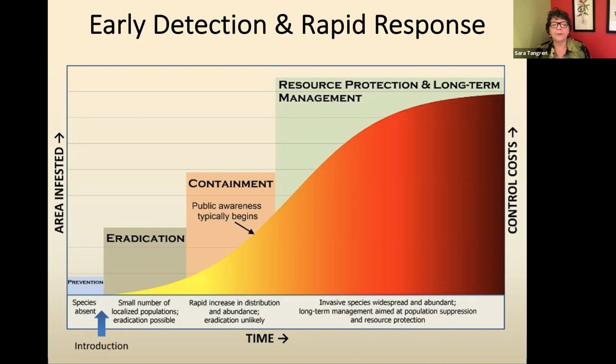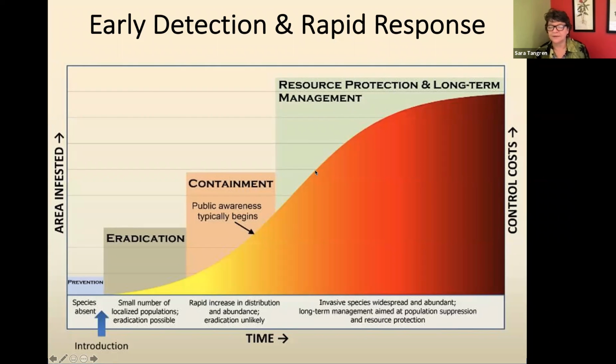The core of the problem we have is that usually the public is unaware there's a problem until that's going on. Big issue, right? So we need public awareness to happen earlier on the curve, and intense response efforts to happen earlier on the curve. If containment does not work, then you are looking at long-term management.